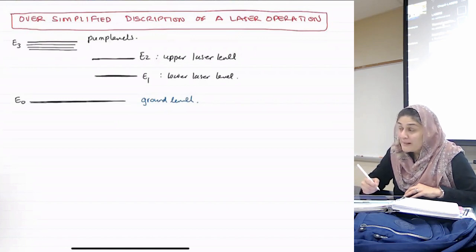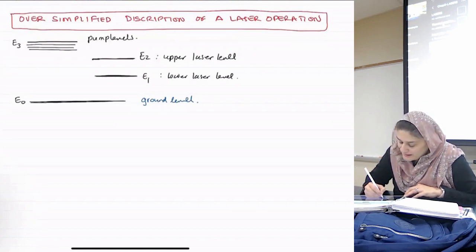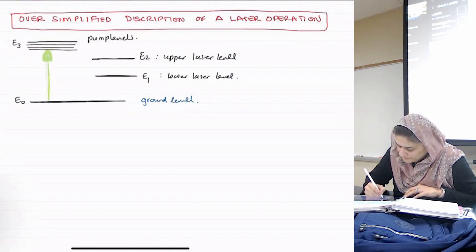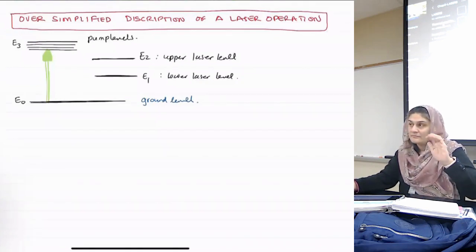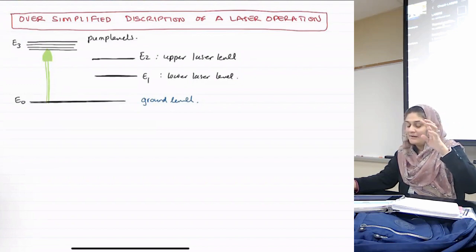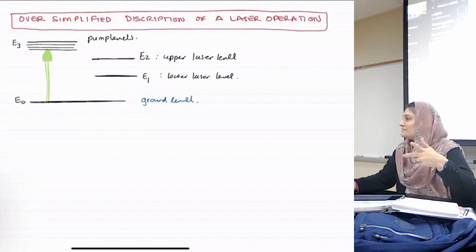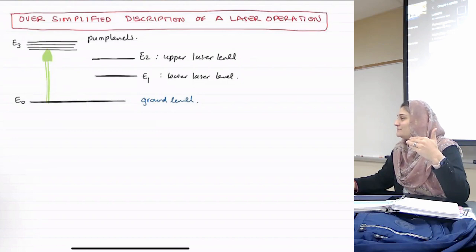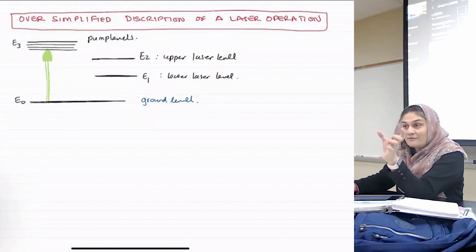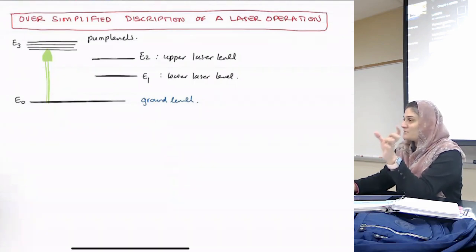So our pump will elevate our ground state atoms into the pump levels. It could be E31, E32, E34, whichever one it is, right? Now, you have a lot of range for your pump in this situation.